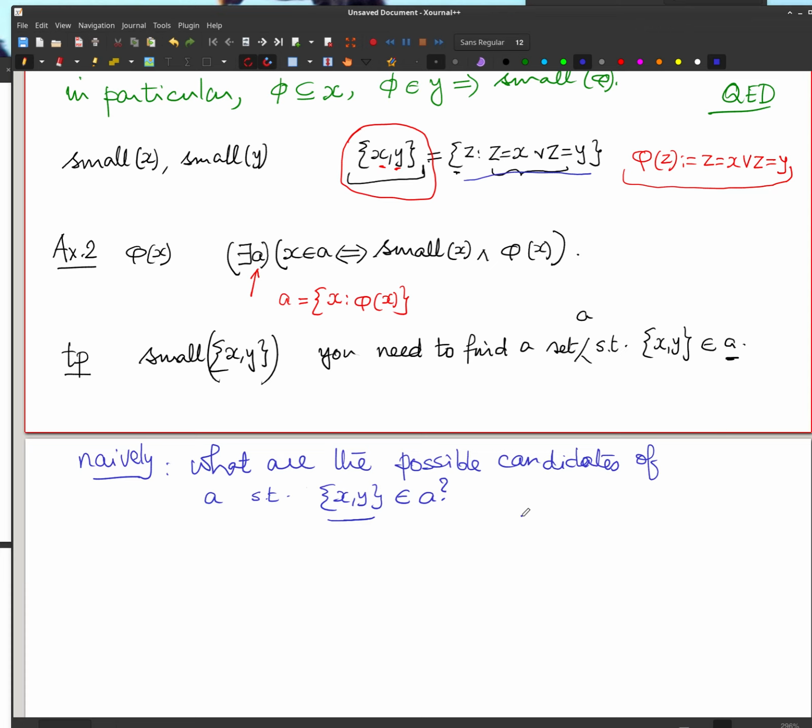This is problematic. It's again the same story, because how can we build this set? It comes via Axiom 2, which doesn't say that this is small. So that way it doesn't work.